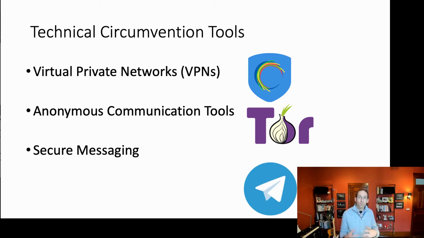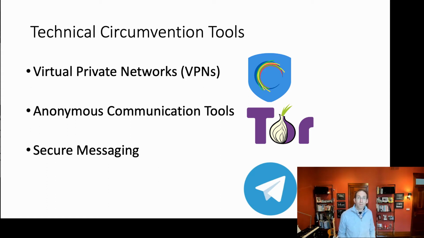So if you have a censor, as we discussed, who's sitting in between two parties who wish to communicate, typically what the technical circumvention software does is create some kind of secure or obfuscated communication channel or tunnel between those two endpoints so that someone watching in between is unable to tell what content is being exchanged, and typically also what the endpoints of the communication are.